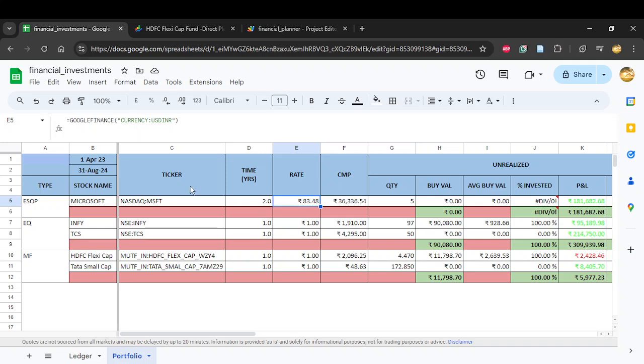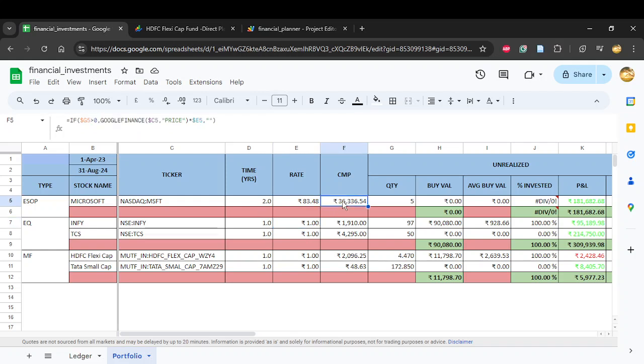So here in Nasdaq, Microsoft, the currency returned by the Google Finance function will be in US dollar when we query the current market price. So I'm getting the current exchange rate for USD to INR, which is coming out to be 83. For the other Indian stocks, the exchange rate is 1 because the current market price is reported in Indian rupees.